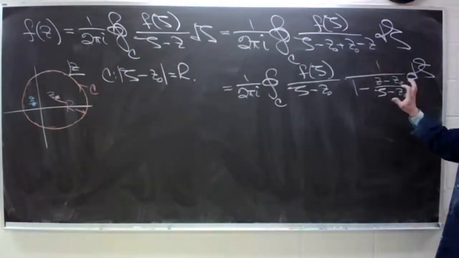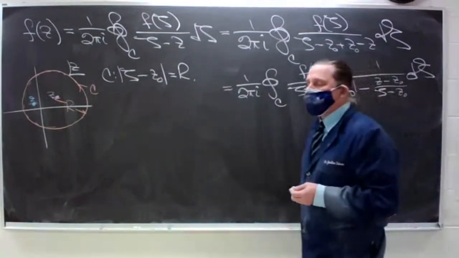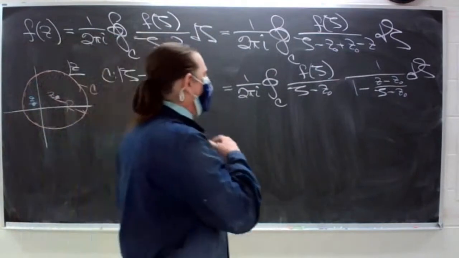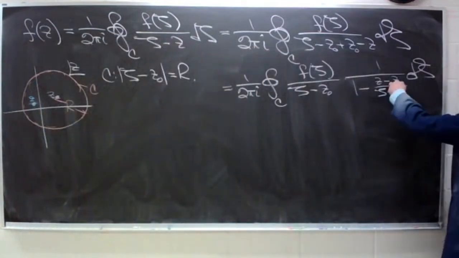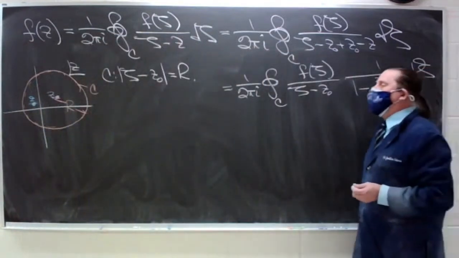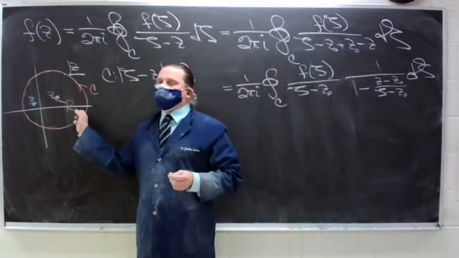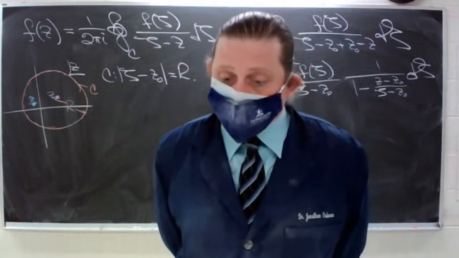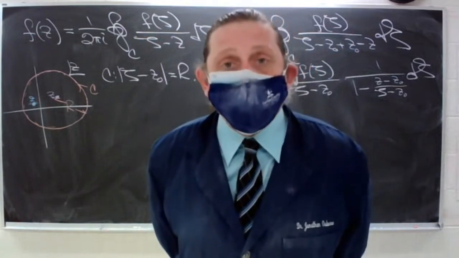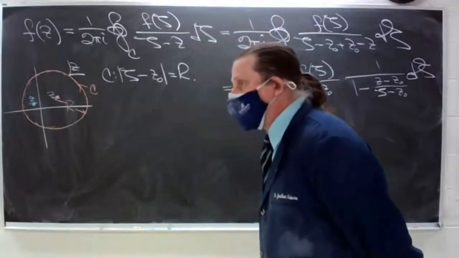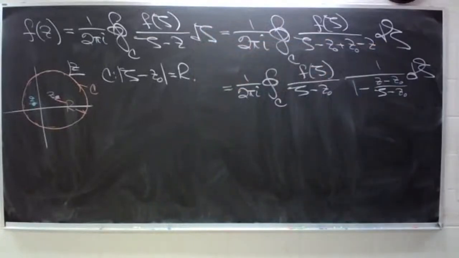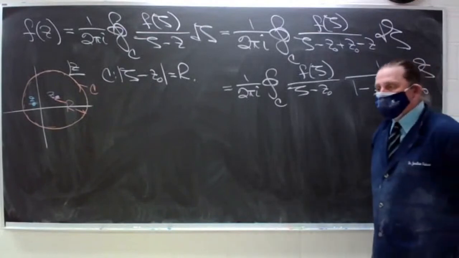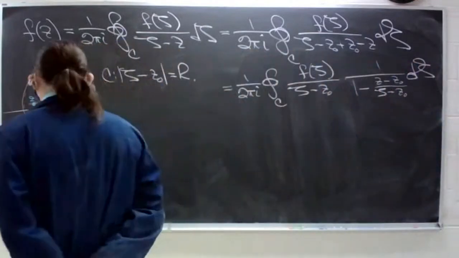I made it minus so that everything is beautiful. Now what I'm going to do is recognize that the modulus of z minus z0 is smaller than the modulus of zeta minus z0, and that's because z lies in the interior of this disk. So I'm going to view this as the sum of an infinite geometric series.